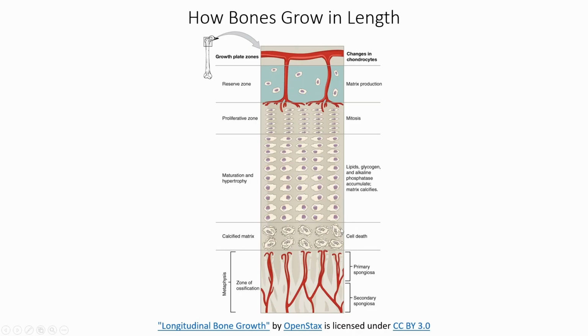We can kill off the cells that we don't need because we don't need so many of them. Remember that bone generally doesn't have a lot of cells. And then as we get down here, we really replace that cartilage with bone, right? And so this is what's going to add length to the bone. So as you go through something like puberty, right, this is going to add length so that you get taller.